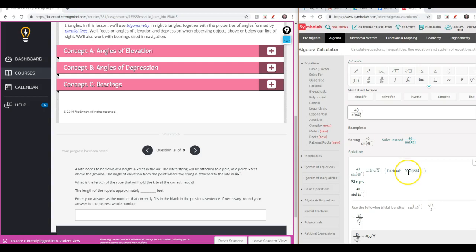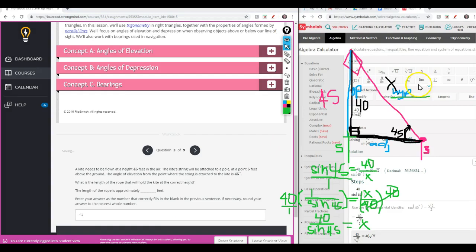That would round up to 57 because 56.56 is closer to 57 than it is to 56. So the length of the rope would approximately need to be 57. That just means this length would have to be about 57 feet long. And that's how I'd answer this.